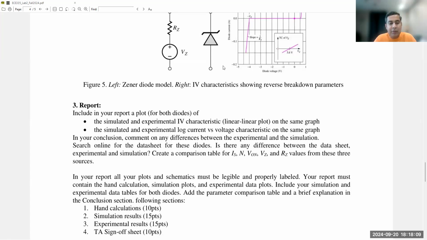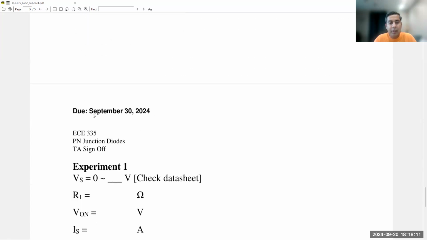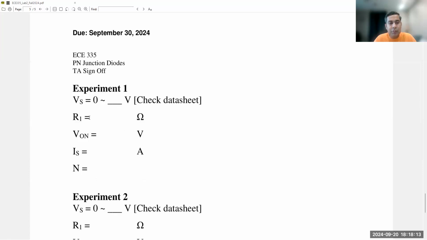So the parameters that we are comparing: you are using a resistor in the circuit, that's your R1, and you are finding out the V on, IS, and N parameters. These values you are finding from a hand calculation, from your simulation, and from your experiment.